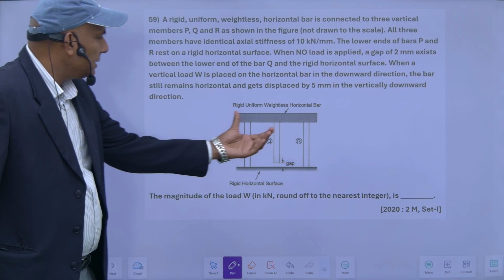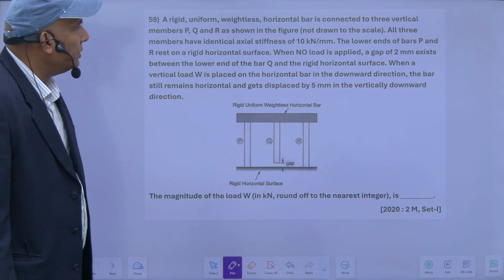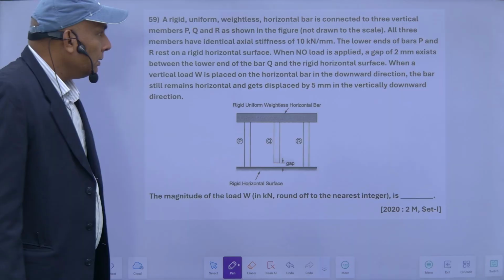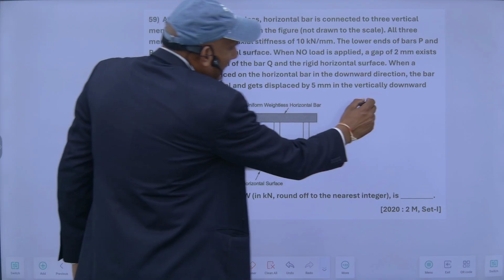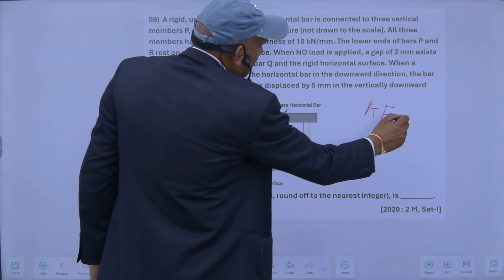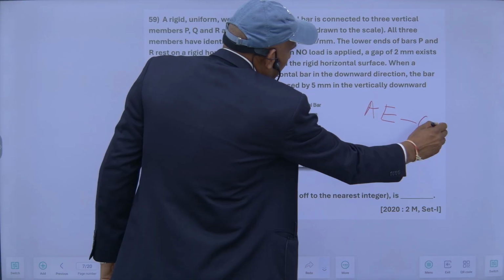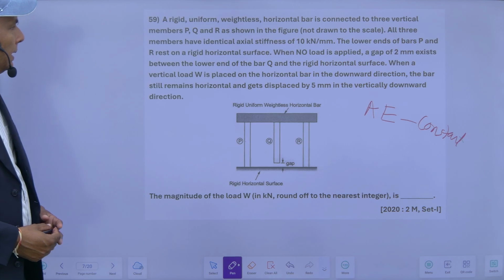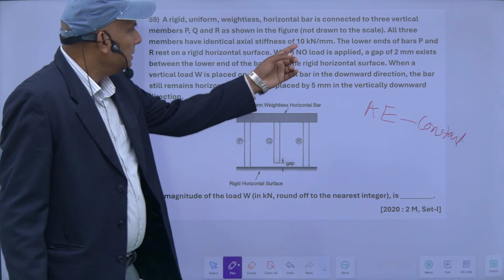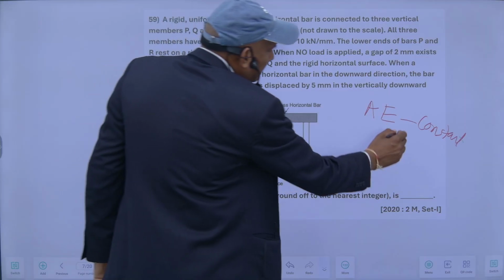So this is a horizontal bar. It is connected by three rods P, Q and R. All the three members have identical axial stiffness, meaning A and E. This axial stiffness is identical. This is constant, and its value is 10 kilonewton per mm.